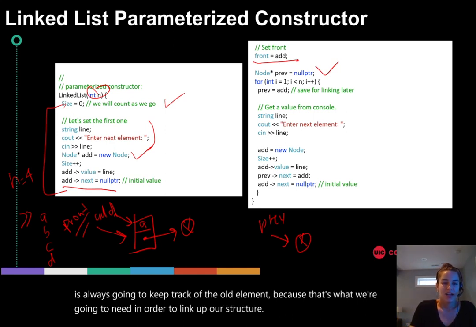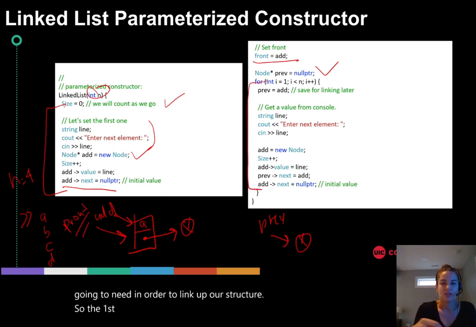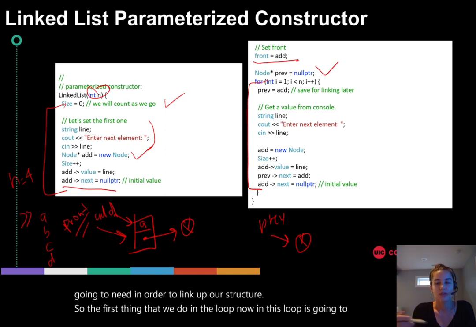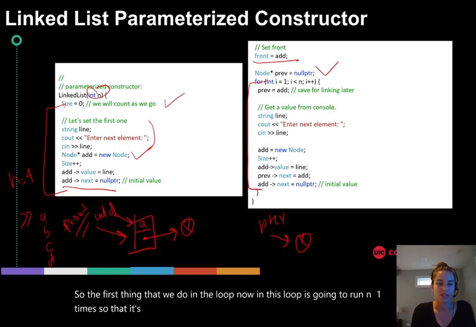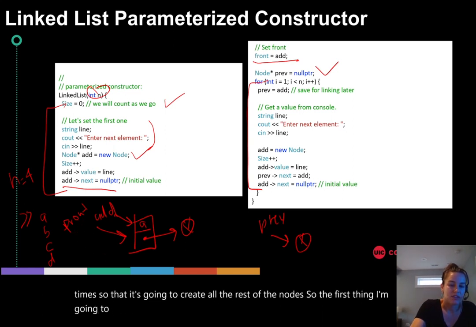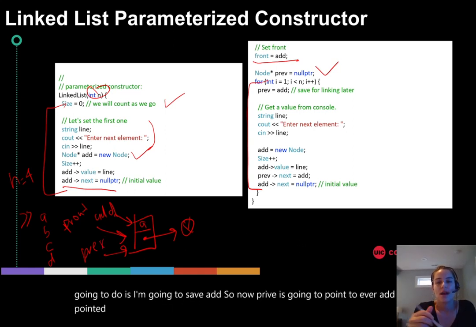So the first thing that we do in the loop now, and this loop's going to run n-1 times so that it's going to create all the rest of the nodes, is I'm going to save add. So now prev is going to point to wherever add pointed to. And that allows us to keep track of the old node.